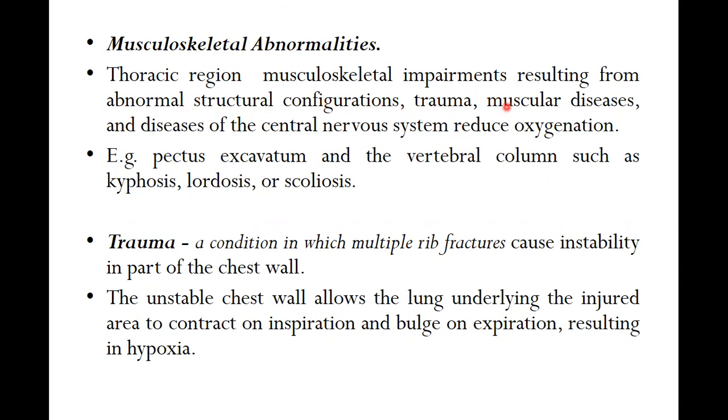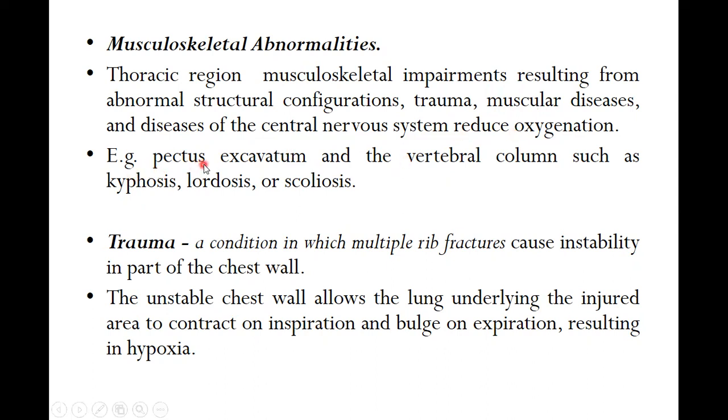Conditions where there is trauma, as well as musculoskeletal diseases like myasthenia gravis, and diseases of the central nervous system will reduce oxygenation, because these diseases reduce the function of respiratory muscles, such as the intercostal muscles. So a patient will not be able to take in adequate air.